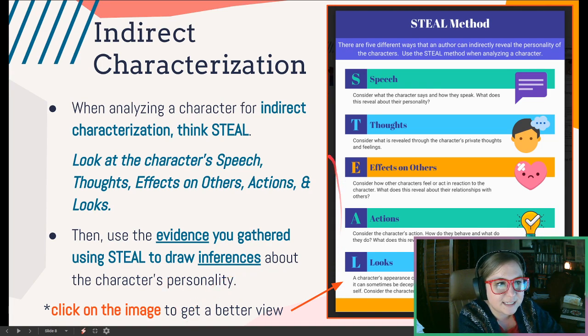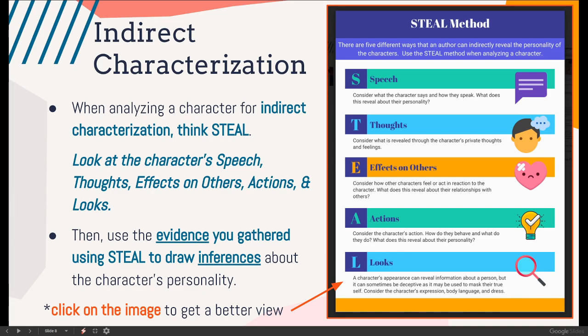When it comes to indirect characterization, it's harder to spot, but you can use the STEAL strategy. So consider the speech of the character. What are they saying and how are they saying it? What does this reveal about their personality? Ask yourselves that. Consider the thoughts of that character.